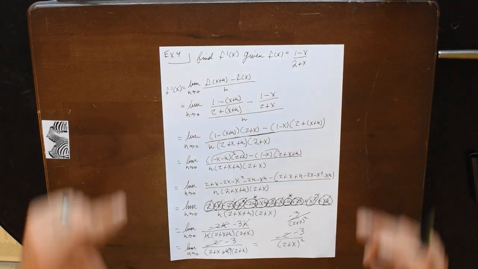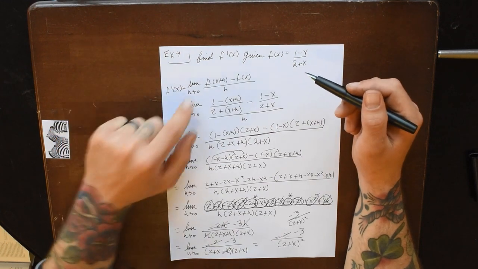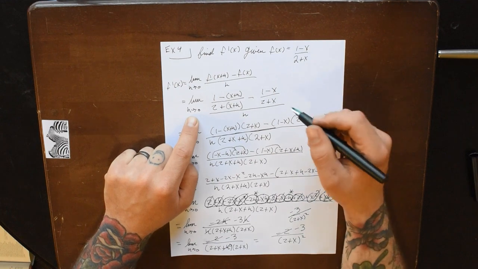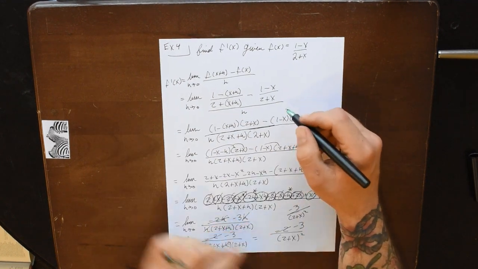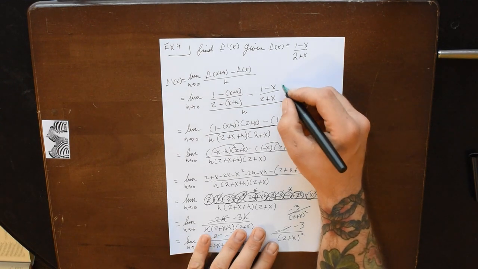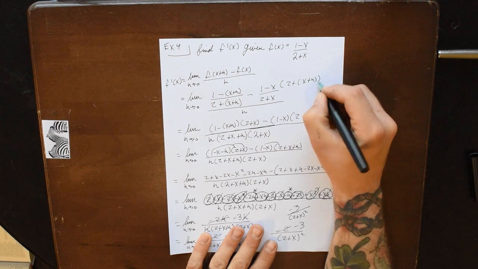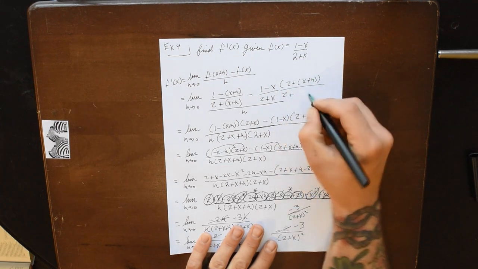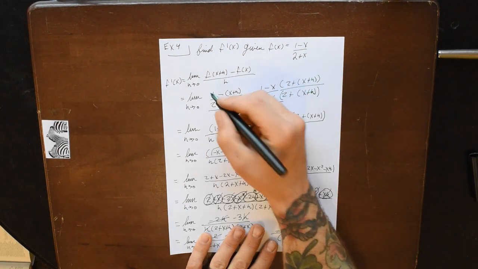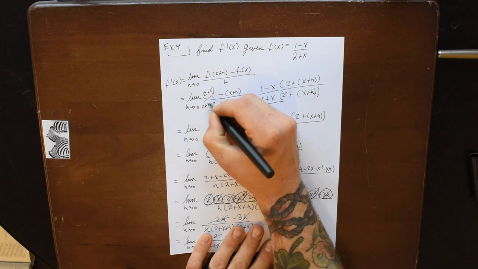But the process: we find f prime given f, we use that limit definition, we fill in with the function. At this stage, we're going from here to here. First we put the numerator on a common denominator. I didn't show the step, but we did 2 plus x plus h divided by 2 plus x plus h, and over here we did 2 plus x on top of 2 plus x.